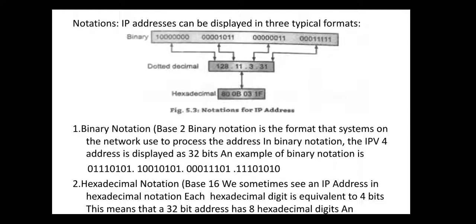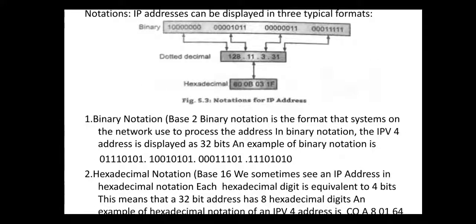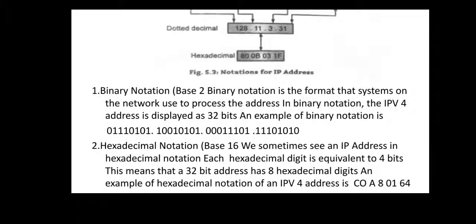Okay. Next is binary notation, which has base 2. Binary notation is the form that systems on the network use to process the address. In IPv4, the address is 32 bits. The binary notation for 128.11.3.31 is here.